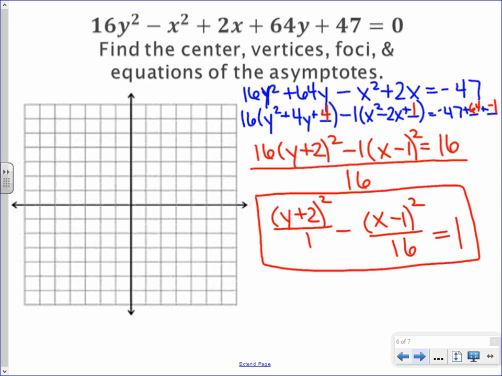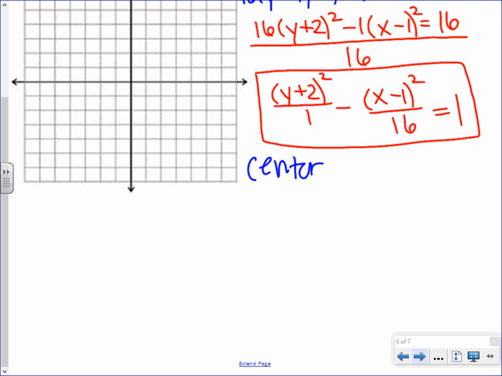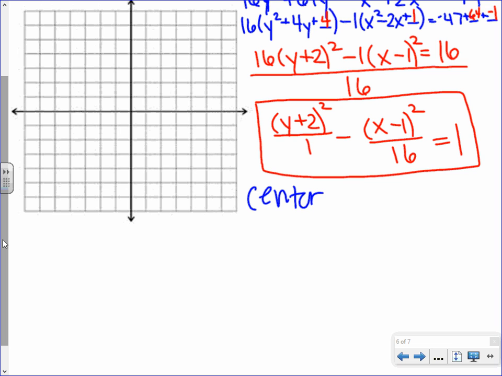Okay. All right. Let's identify everything that we need to graph here. Our center, Nicole, where is it? Negative 2, 1. I like the negative 2, and I like the 1.